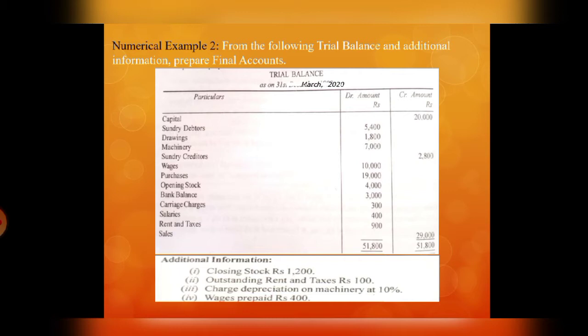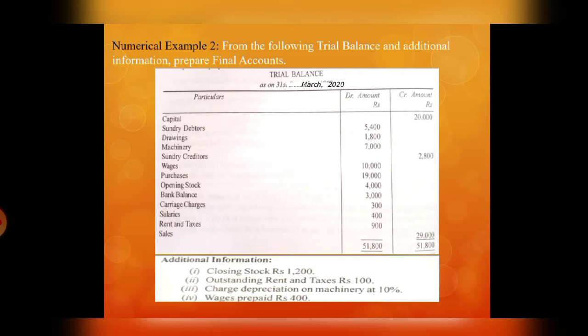Carriage charges will be shown on the debit side of trading account. Salaries are indirect expenses and therefore they will be shown on the debit side of profit and loss account. Rent and taxes also are indirect expenses and therefore they will be shown on the debit side of profit and loss account. And sales, as we know, will be shown on the credit side of trading account.